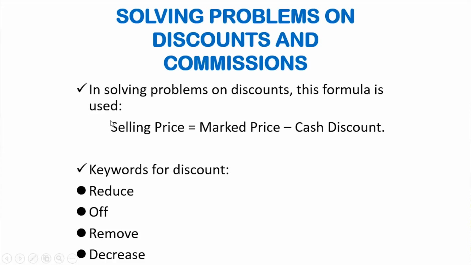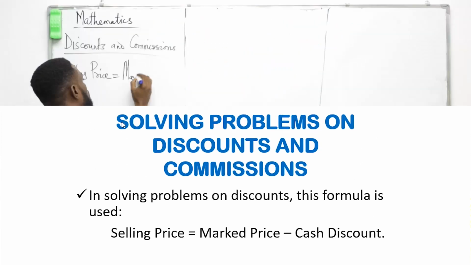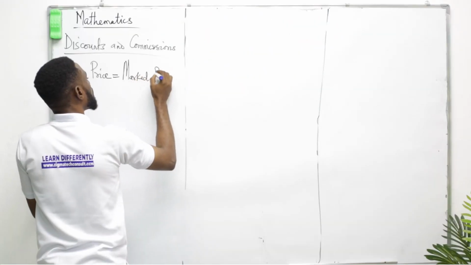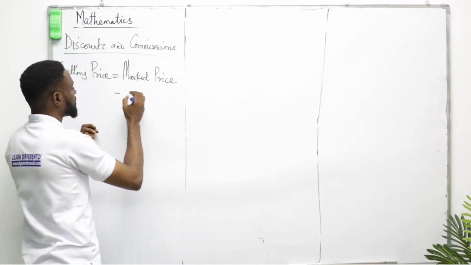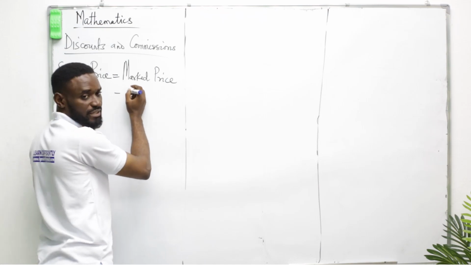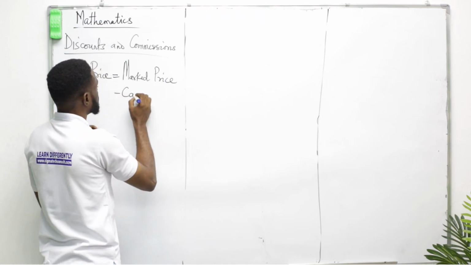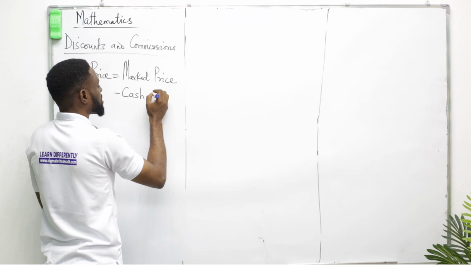But first, before we go into taking some examples, let's understand some points, okay? In solving problems on discounts, this formula is used. The formula is: selling price is equal to the marked price minus the discount price, or cash discount.